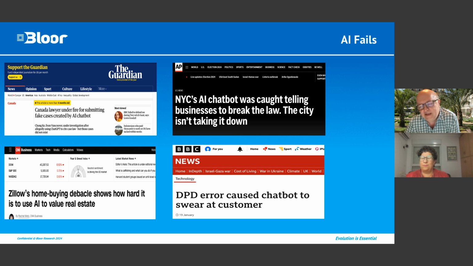So there are many examples of this. There've been actually several in the legal industry. The one on the top left is one example, but there are others where lawyers, being a bit lazy, have used GenAI to generate pleadings to judges, including case law.